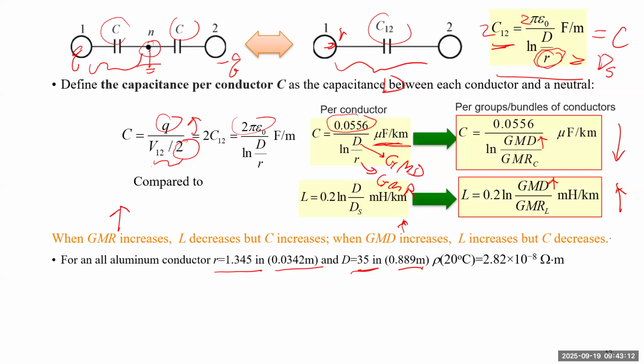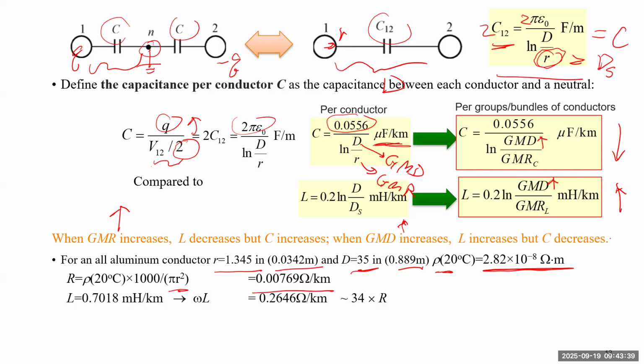If it's made of aluminum, rho will be equal to this value under ambient temperature. Resistance is easier. Resistance is just rho times the length divided by the cross-sectional area, if you know the radius. That will give you 0.00769 ohm per kilometer. If you calculate inductance using the inductance formula, you get 0.7 millihenry per kilometer.